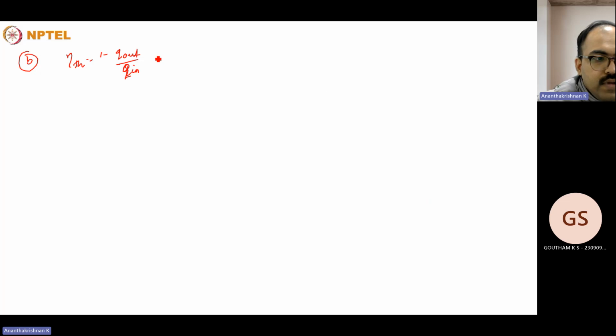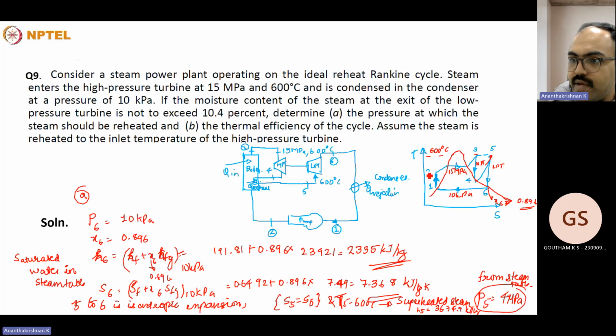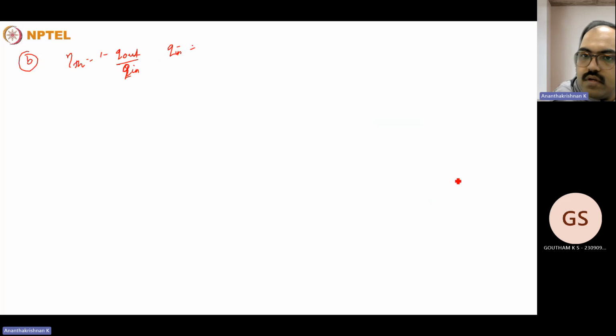For this, the heat input Q in will be equal to H3 minus H2 plus H5 minus H4. So that is H3 minus H2, that is the boiler heat, plus H5 minus H4, that is the reheat part.